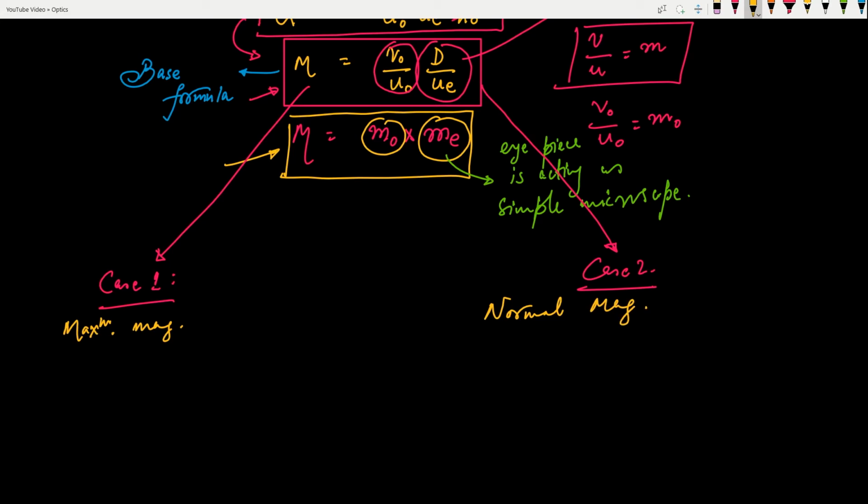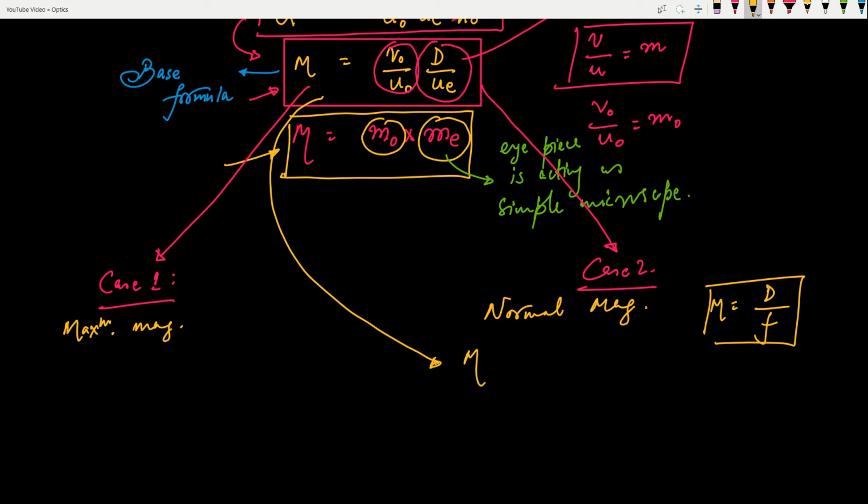Now, maximum magnification and normal magnification. In normal magnification, our eyes were relaxed. That is, the final image was at infinity. And we got that for a simple microscope, for normal magnification, the formula is m is equal to d by f. Therefore, for a compound microscope, for normal magnification, it will be V0 by U0.